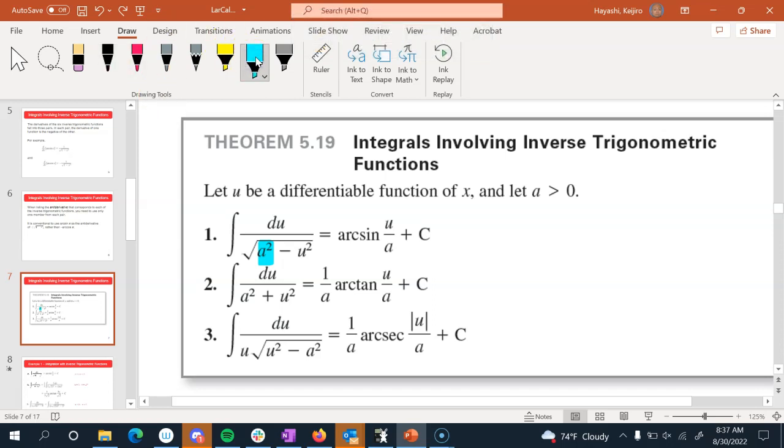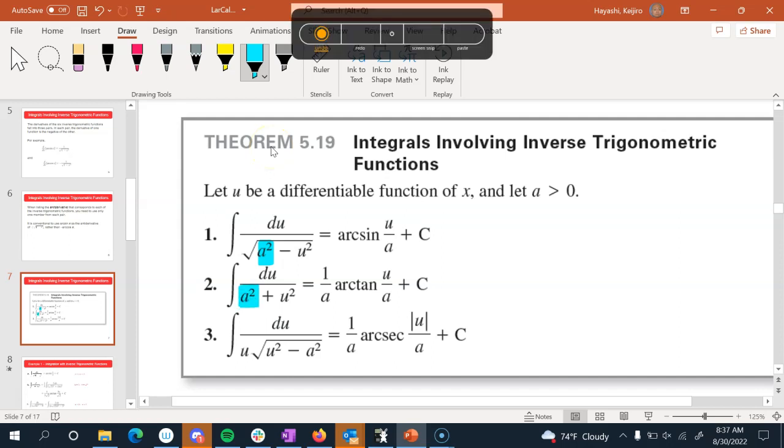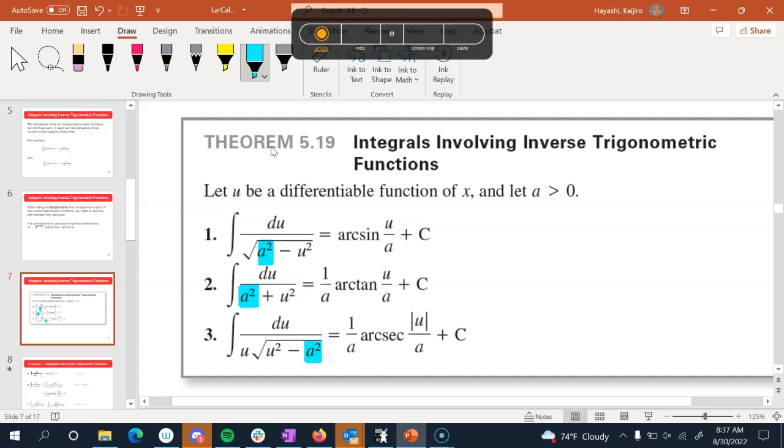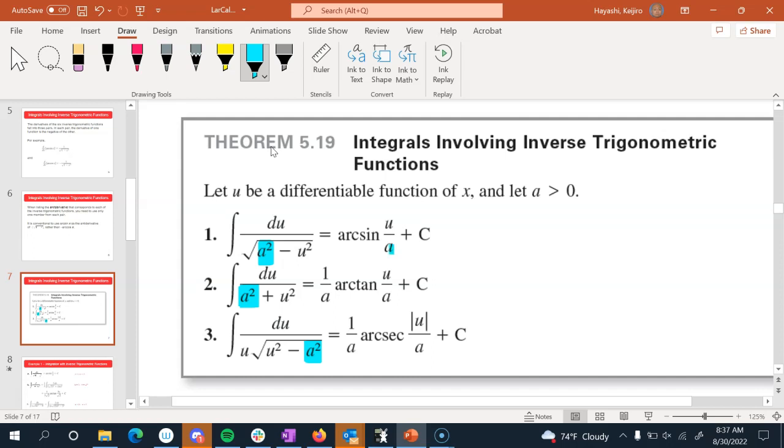So there are a couple things to note. First is that it's not necessarily 1 minus u squared, 1 plus u squared, or u squared minus 1. When you're dealing with antiderivatives, that constant can be anything. But do make a note of what the value of a is, because you'll see it incorporated into the actual antiderivative right here.